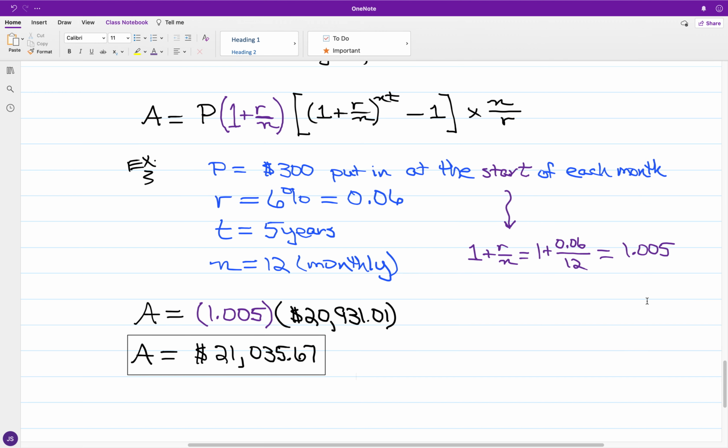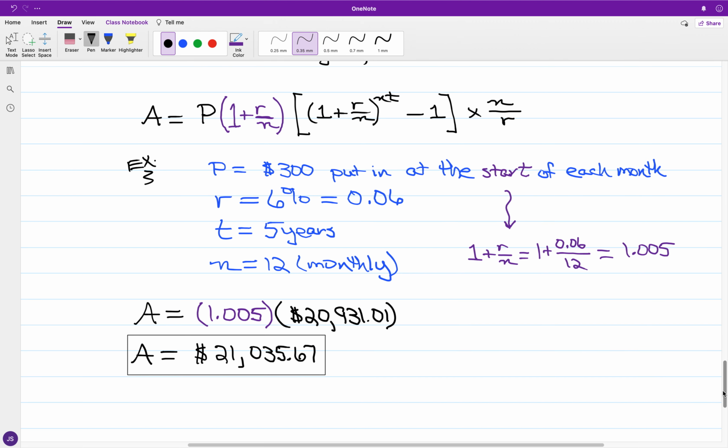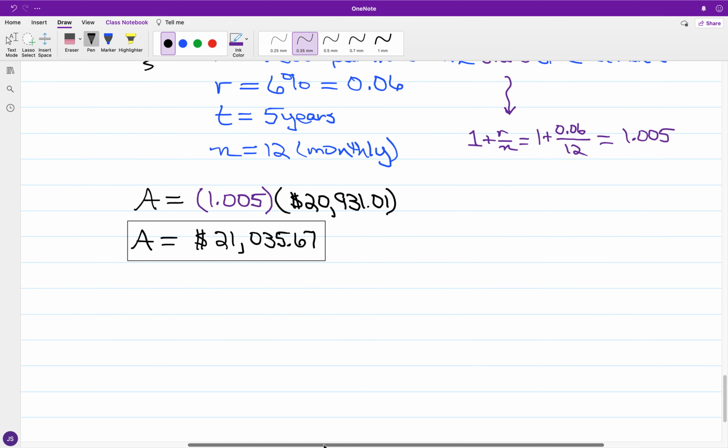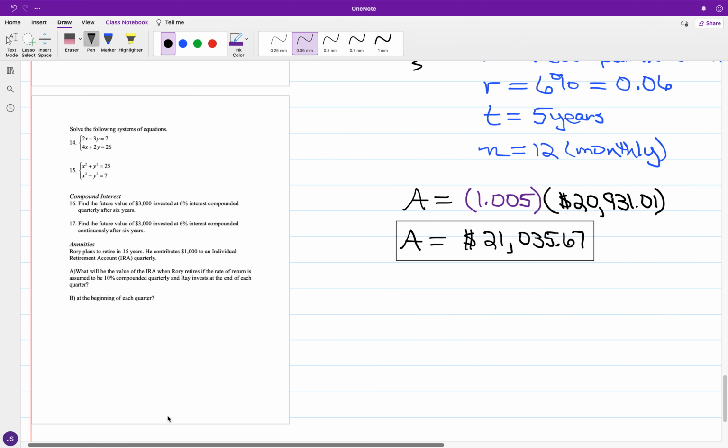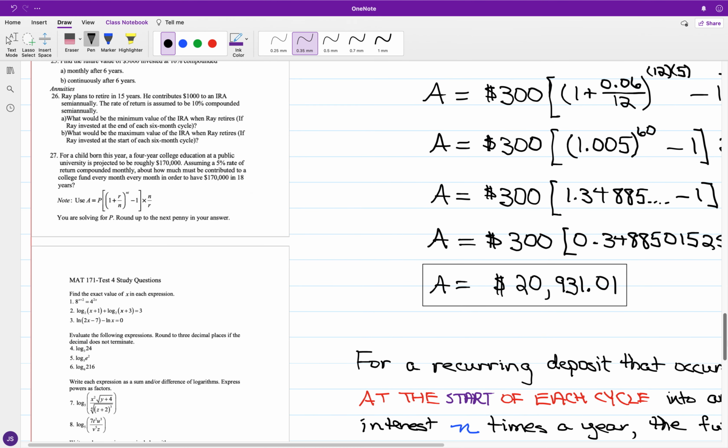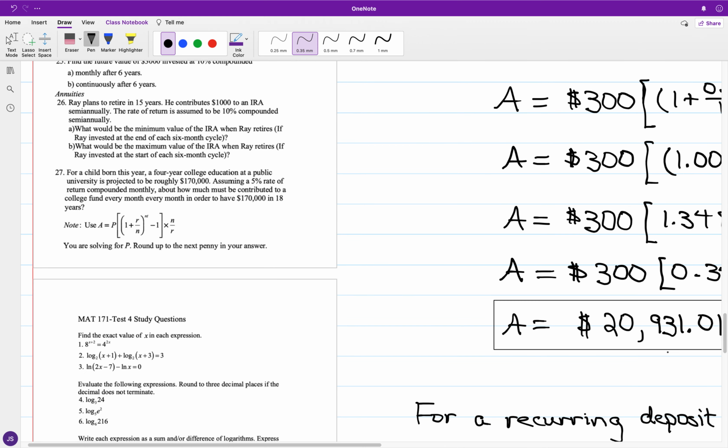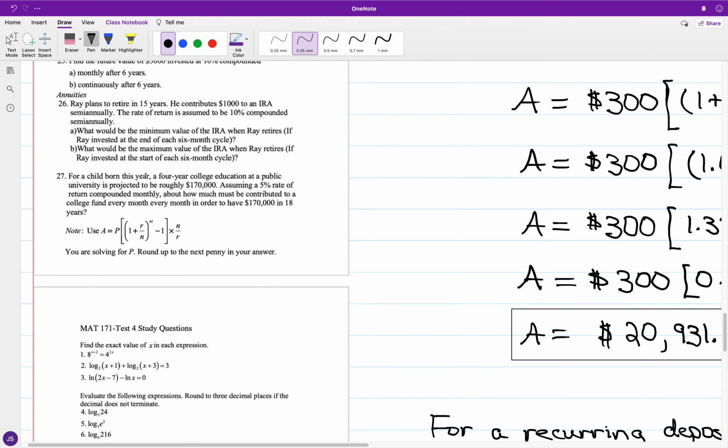All right, so those are just a couple of quick cases of annuities, one with the end of the month cycle, and the other at the start. Now, for numbers 26 and 27, we have Ray, who plans to retire in 15 years and contributes $1,000 to an IRA on a semi-annual basis.